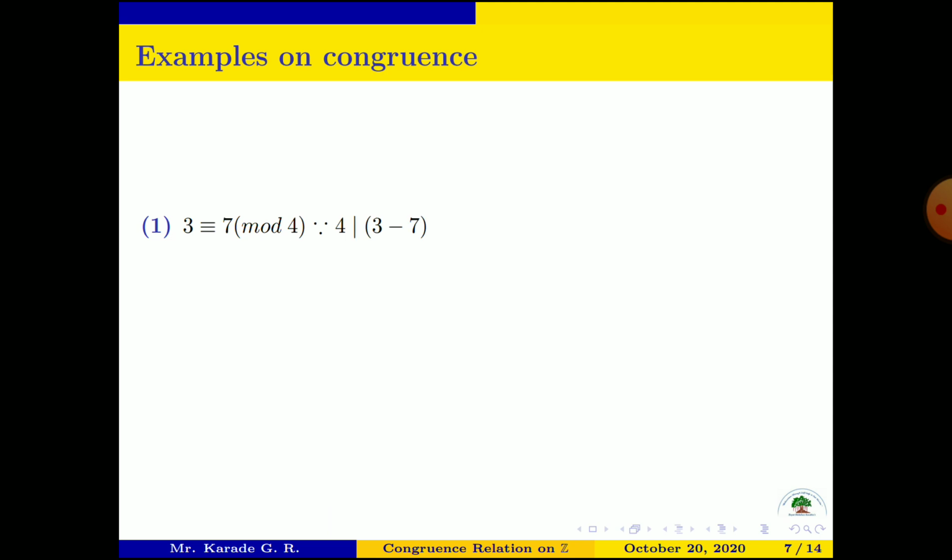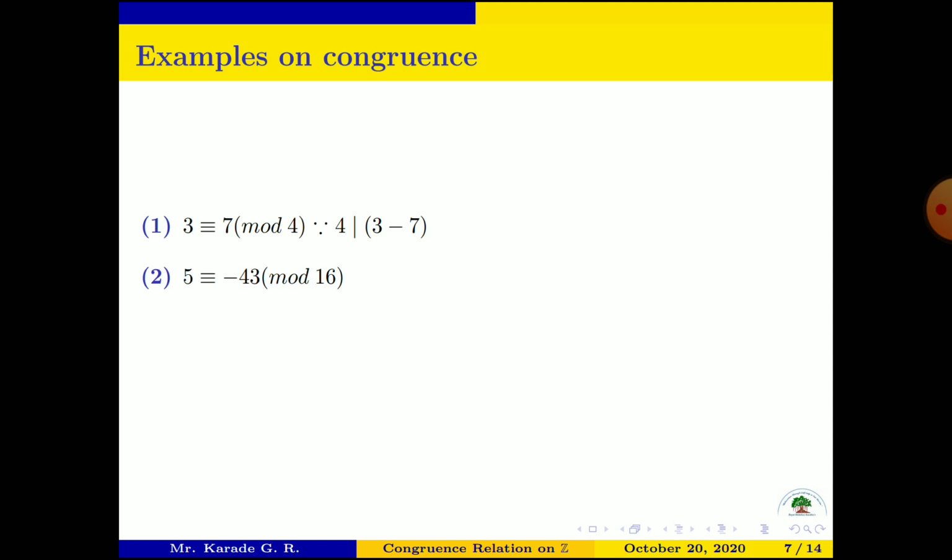The difference of 3 and 7, that is 3 minus 7, is minus 4, and 4 divides minus 4. Therefore, we can say that 4 divides 3 minus 7, and therefore 3 is congruent to 7 modulo 4. So this is also very easy.